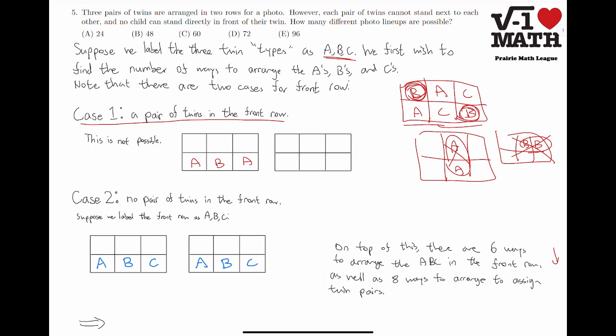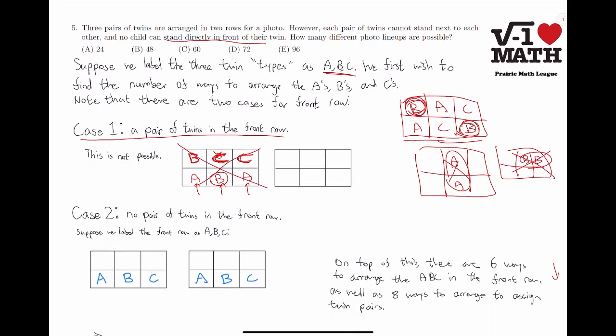Now notice that if we have the twins on opposite sides and some other person in the middle, well, this other twin cannot be a B, otherwise we would violate this rule. So say the B is somewhere here. But now, since it's not a B, the C has to go here. And then this is also a C, and this doesn't work.